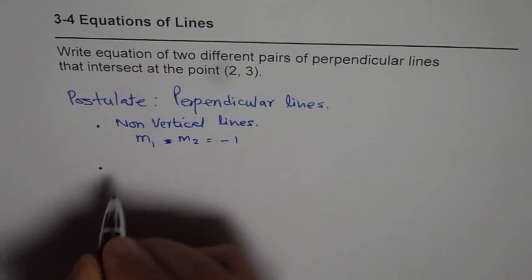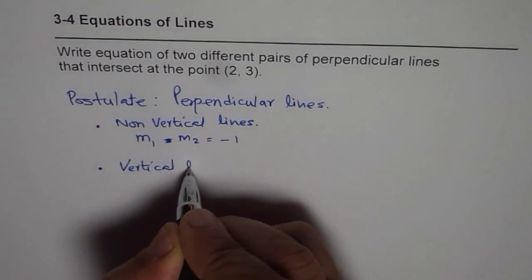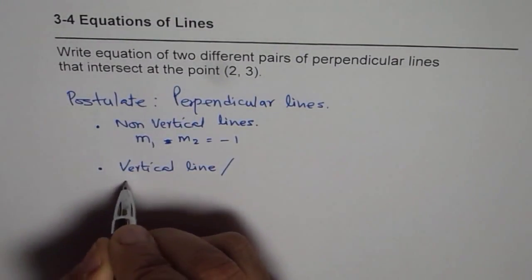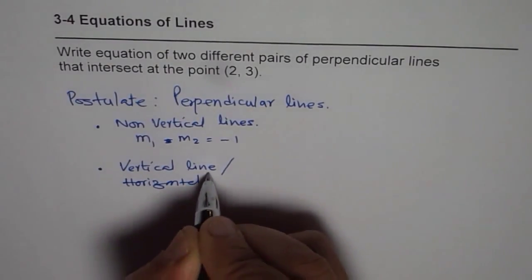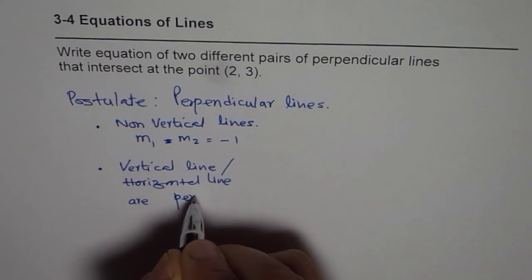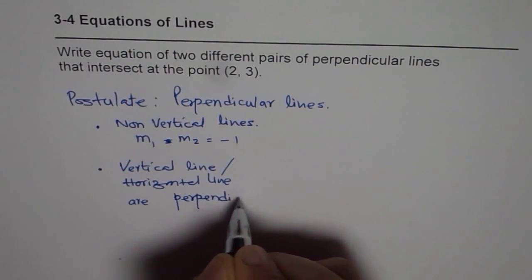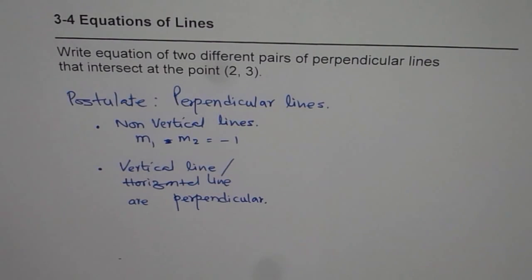And the second one was vertical line and horizontal line are perpendicular. So we'll find two pairs of lines which are perpendicular using both these postulates, right? I think that'll be interesting.